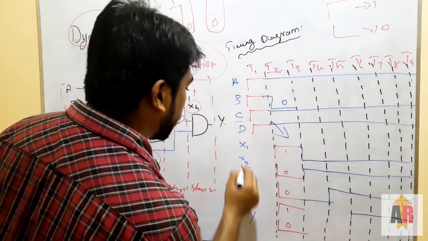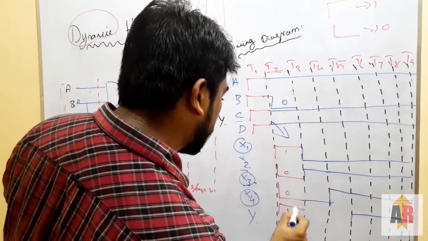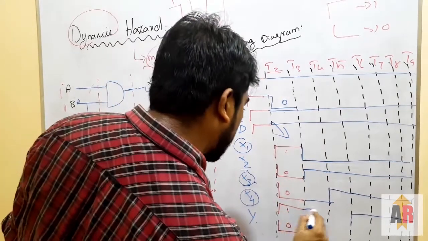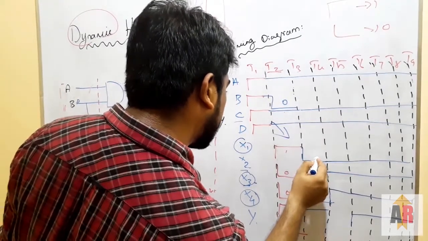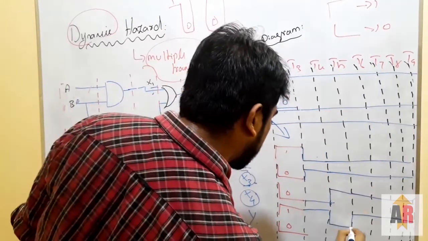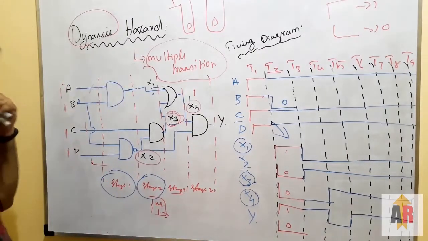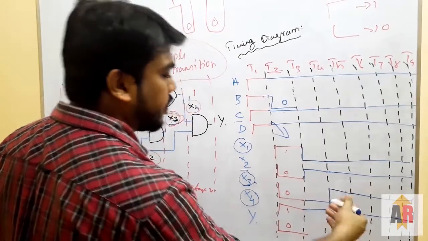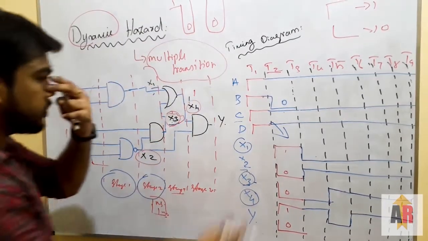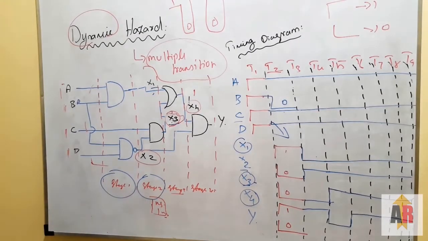To find x4, x3 and x1. So 1 0 1, no issue. Here 0, here also it is 0, so it becomes 0. Okay, now that is done. Some people find this part and put the remaining dashes, so don't do that. Just compare with the previous transitions so that you can get a clear idea.